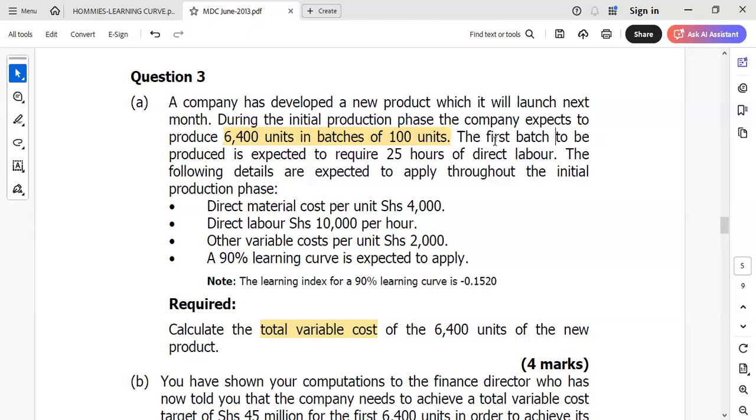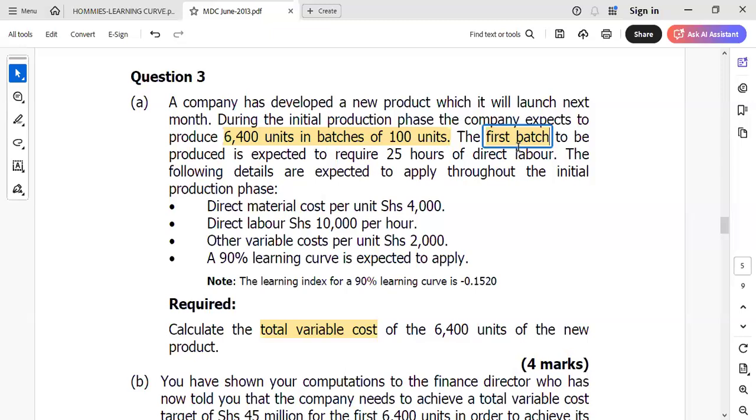Now you will see the language. The first batch, the focus is on the batch, not on the unit. Understand the language of the examiner, otherwise you can end up making mistakes. Here they are saying the first batch, not the first unit.